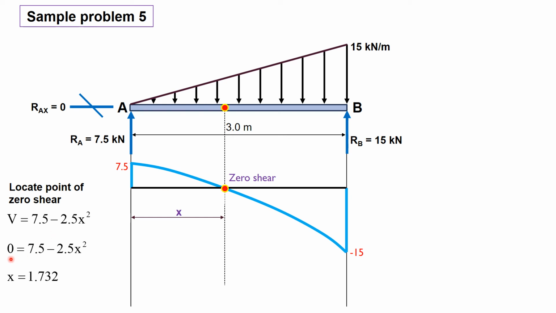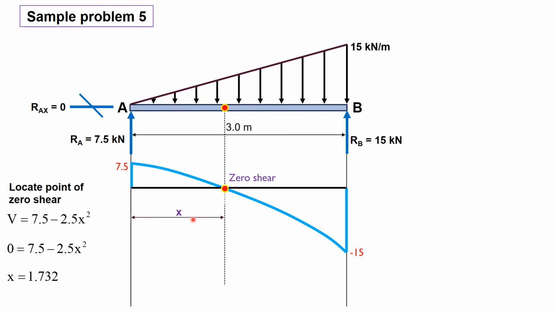That's why you set it to 0 shear value. Using this equation, x is equivalent to 1.732 meters. Which means that from point A up to here is your value of x.